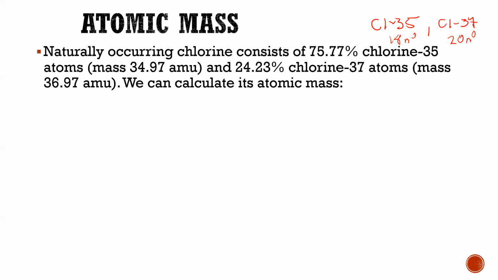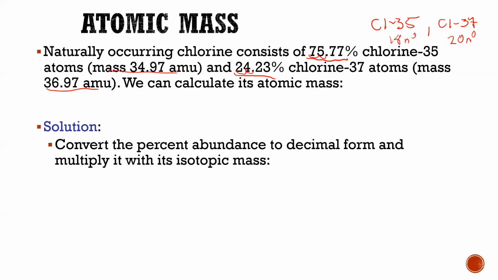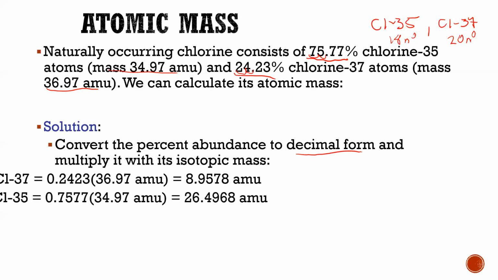But now we want to figure out the average atomic mass, and we have to recall that it's a weighted average. So how do we do that? We're going to change these percents to decimals. That's easy. We're going to move the decimal over 1, 2, and then we're going to multiply that decimal by their masses. So here's the solution. Convert to decimal form, multiply by mass.